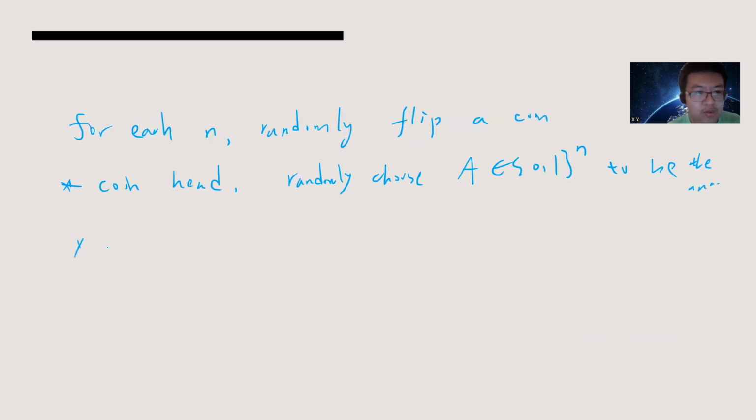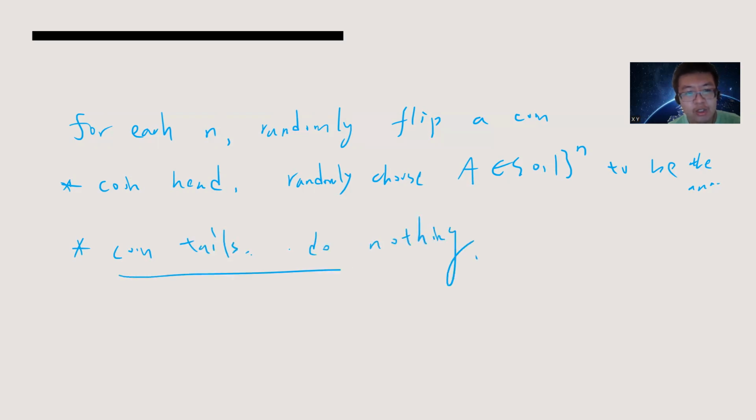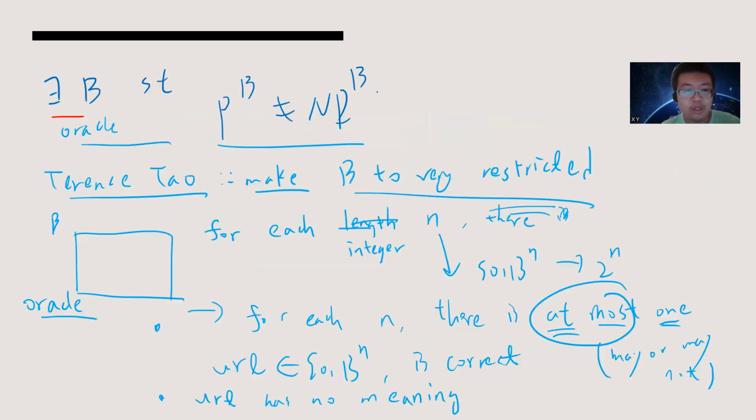If it is tails, then do nothing, that means there's no such URL. The only thing you can do is plug some URL into B and see whether you get a 404, so you can do nothing, or you can just try another.